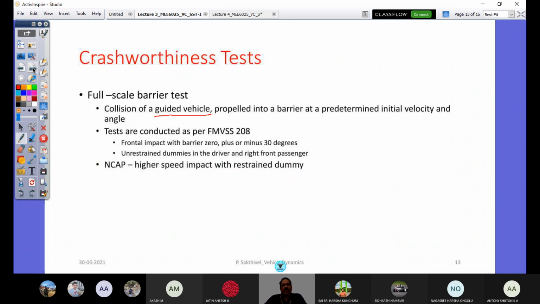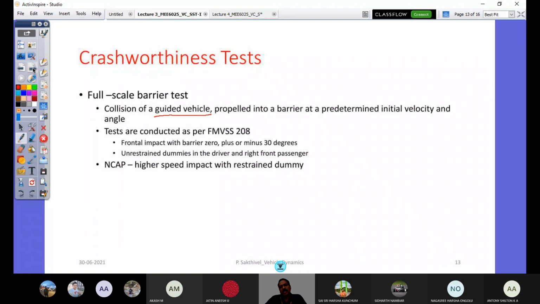And we also looked at the idea of what the full-scale barrier test is. So today's lecture is fully on this full-scale barrier test. This test is conducted as per FMVSS 208 and the New Car Assessment Program.